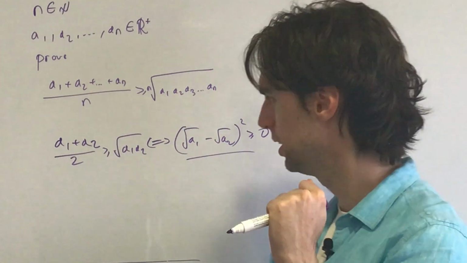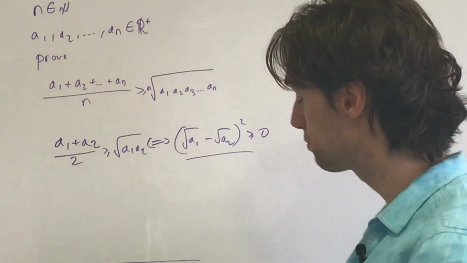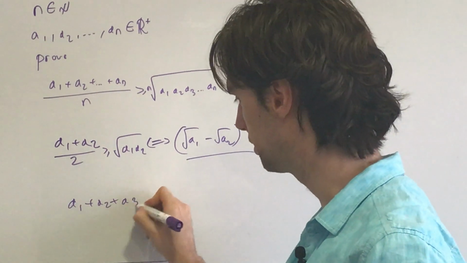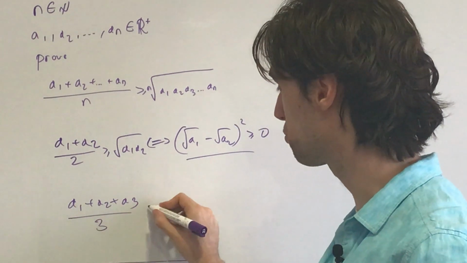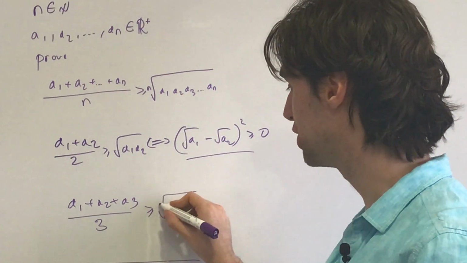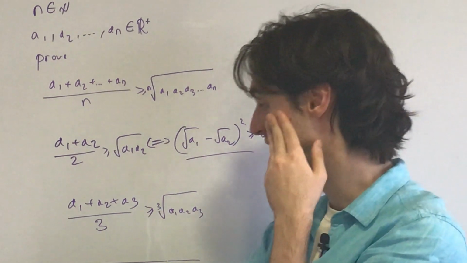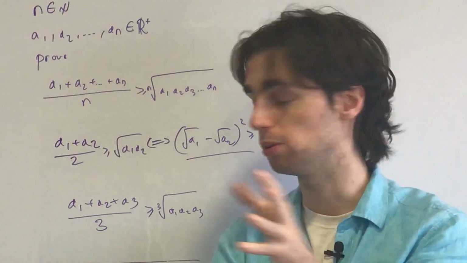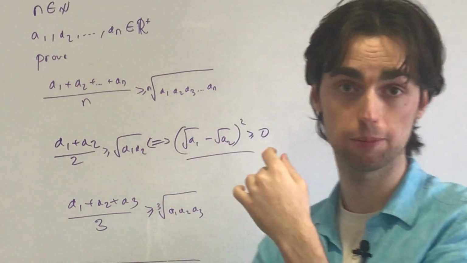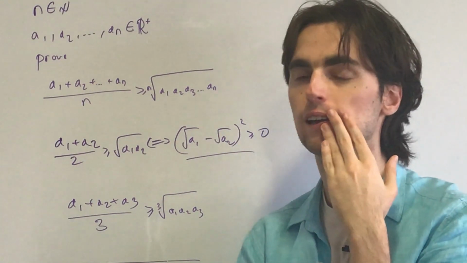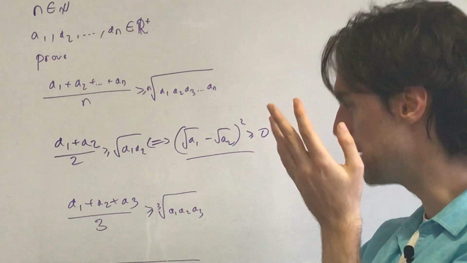Now, can we prove n equals 3? Well, for n equals 3, we have a bit of a difficulty. This is (a1 + a2 + a3)/3 greater than or equal to the cube root of a1 a2 a3. Now, if we were to cube everything, we could prove this, potentially, maybe.